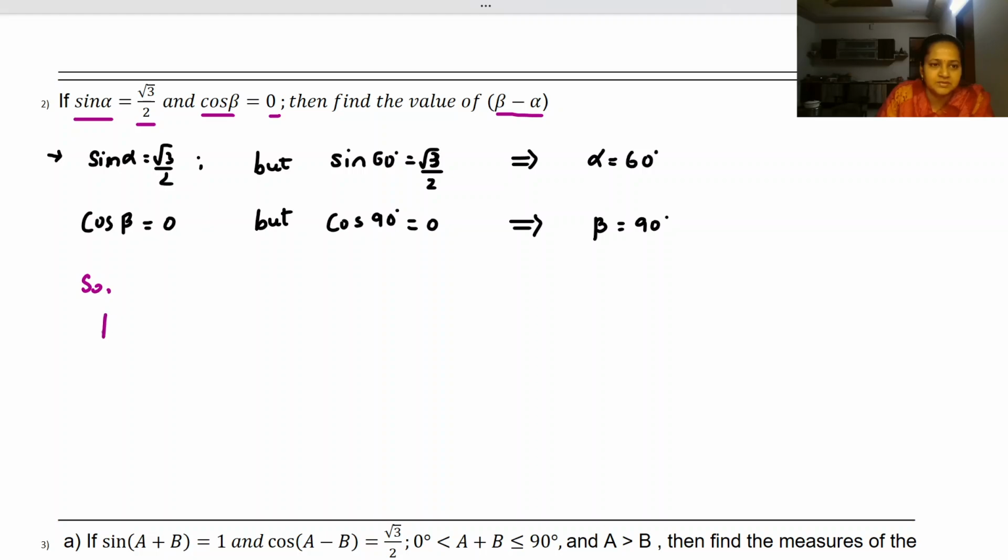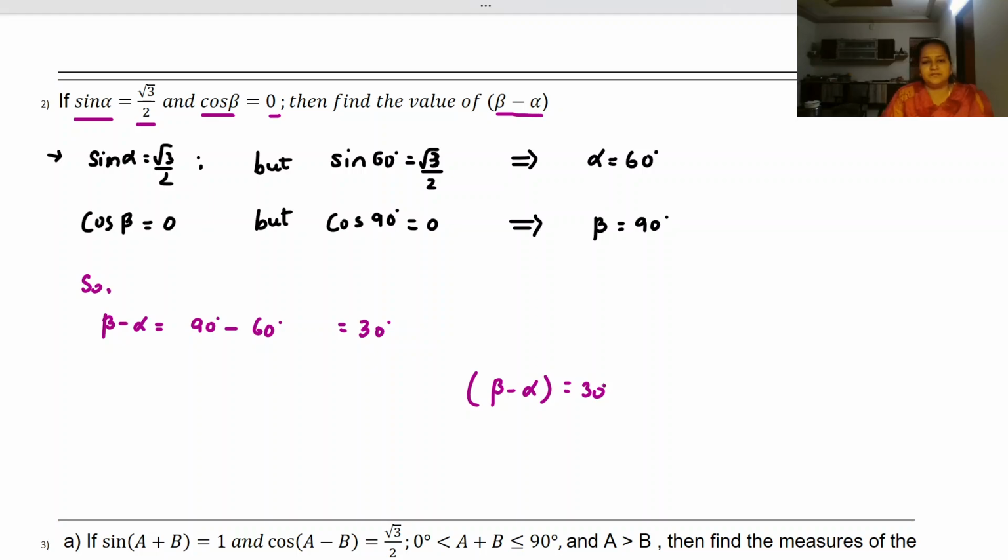So, beta minus alpha would be, beta is 90 and alpha is 60. That gives me 30. So what is your answer? Our answer for beta minus alpha is 30 degrees.